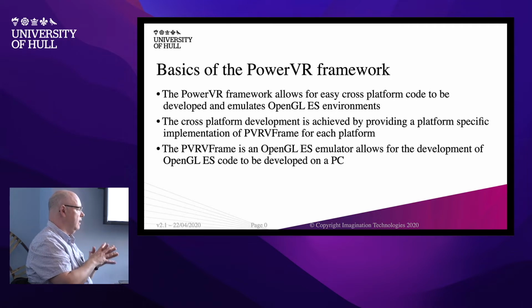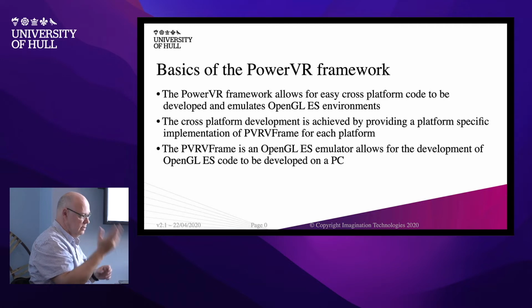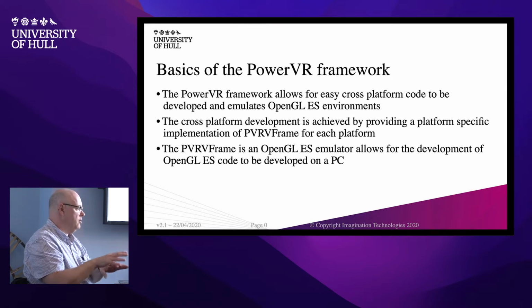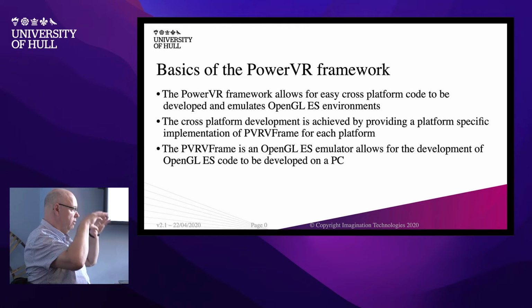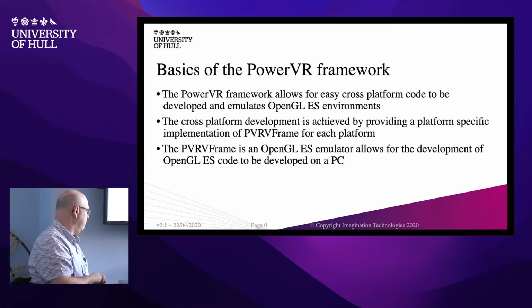Essentially, for each of the platforms, whether it's Linux or Chromebook or BeagleBone Black and so on, there's a different PVR version for that platform. So your code basically sits on top of that.